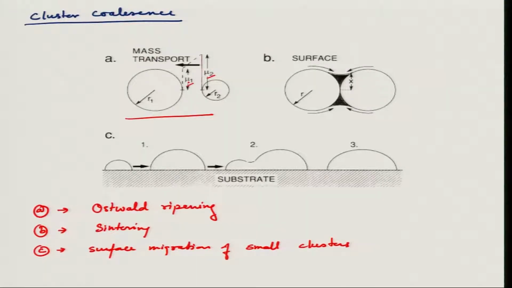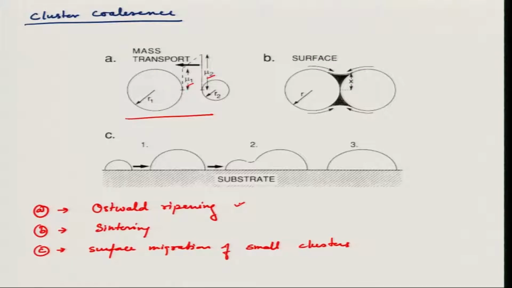So, in order to reduce their overall energy, the atoms or molecules from the smaller nuclei will merge into the larger nucleus, which will grow, and the smaller ones will cease to exist. So, one large nucleus or several such large nuclei will grow in size and form the thin film.